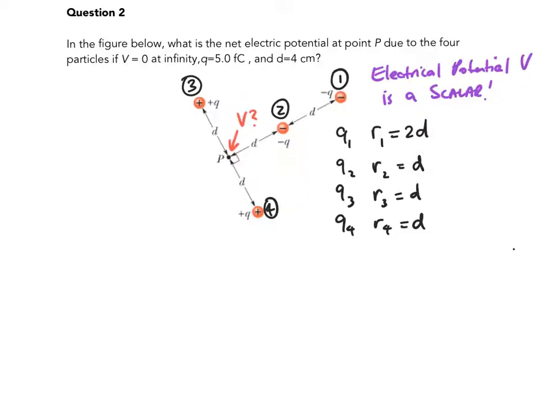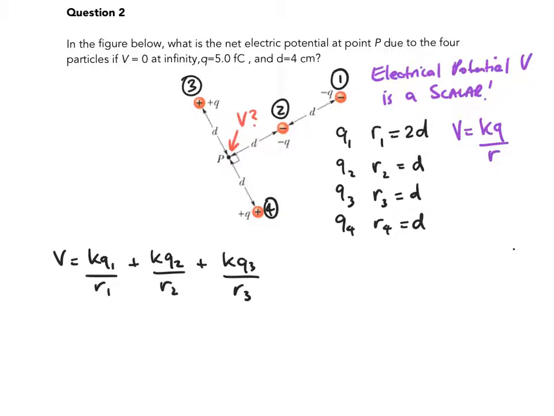So we know the potential is equal to KQ over R. That's no vectors, that's a scalar. So if we want to find the potential from all of those, V is equal to KQ1 over R1 plus KQ2 over R2 plus KQ3 over R3 plus KQ4 over R4.